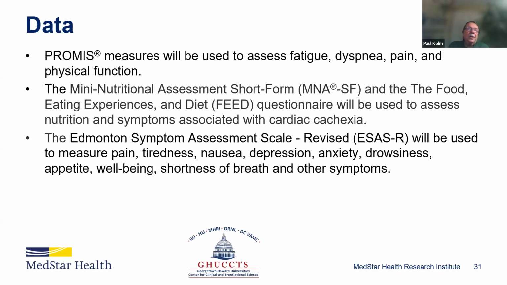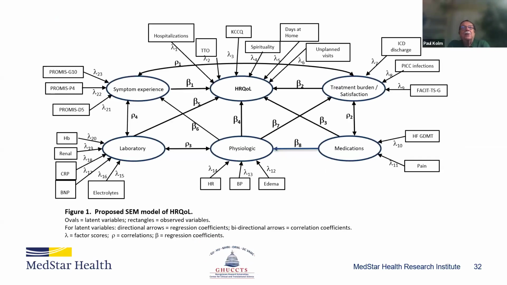And then also they looked at nutrition and such things as pain, tiredness. So again, you can see there's a lot of variables that are going into this model. In fact, when we look at the model, we'll say, how can you possibly get a fit for that model?